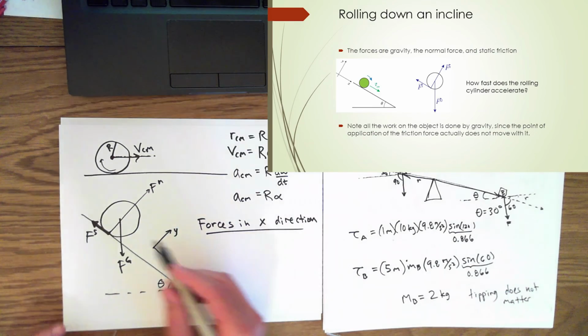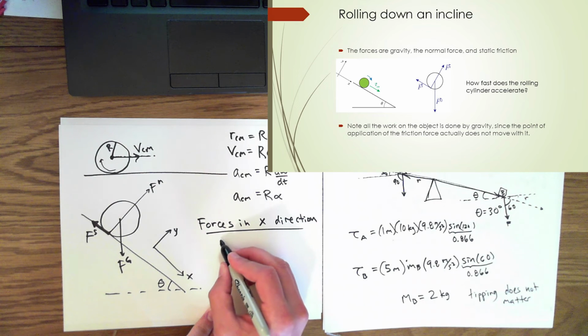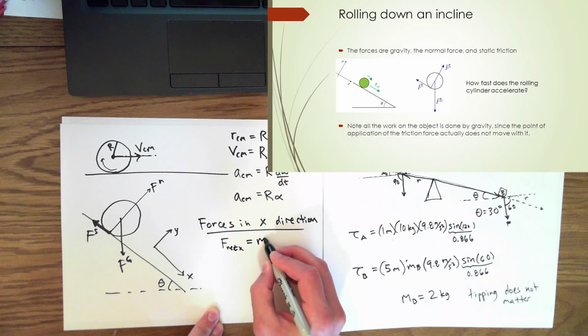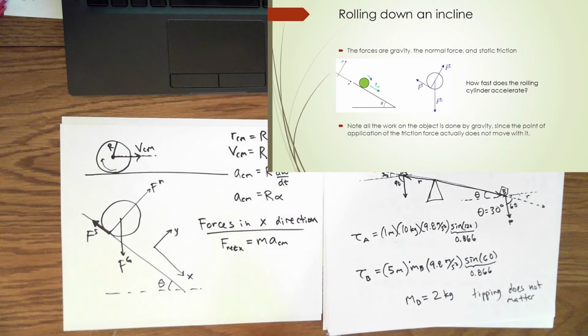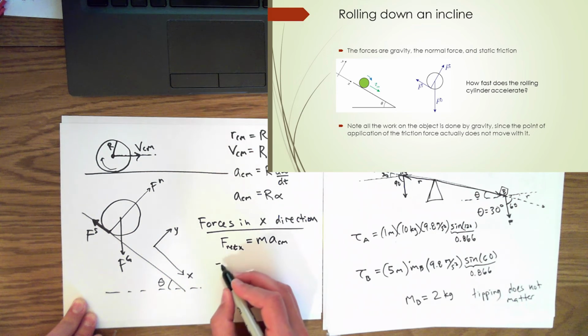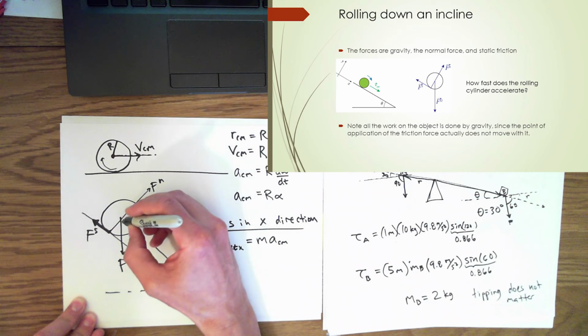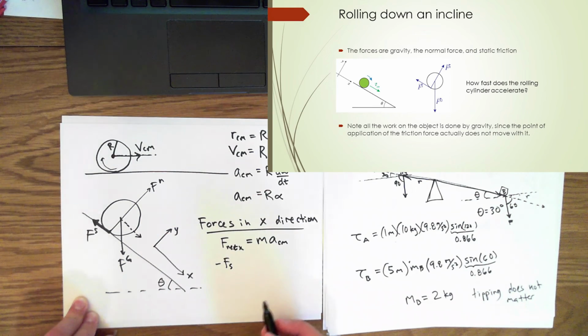So the normal force has no component in the x direction. The only forces in the x direction, let's write this F net x equals m a center of mass. Okay, so what are the net forces in the x direction? Well, there's one that's Fs, that's going to be in the negative x direction. And there's a component of gravity that's also in the positive x direction.